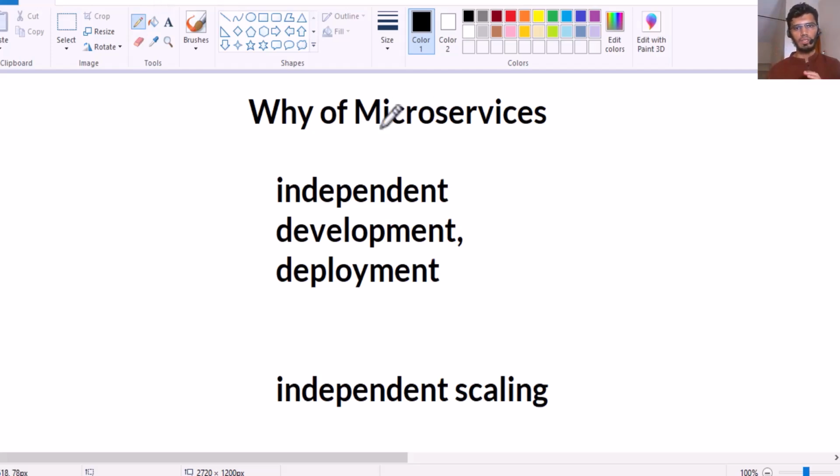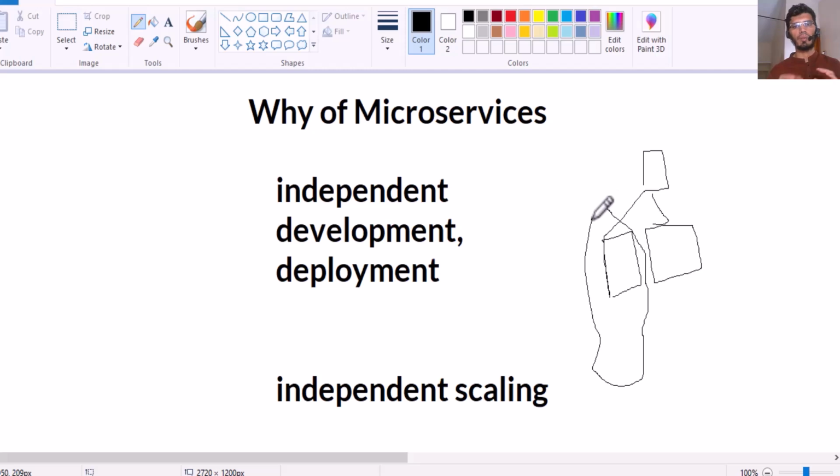Whereas in microservices architecture, we divide our application into individual units known as services, and yes, each service can be independently developed. Why? Because it has its own code base, and you can write it in any framework, and we can deploy it on any platform or cloud hosting platform like AWS, and we can scale it with the help of techniques like horizontal scaling.